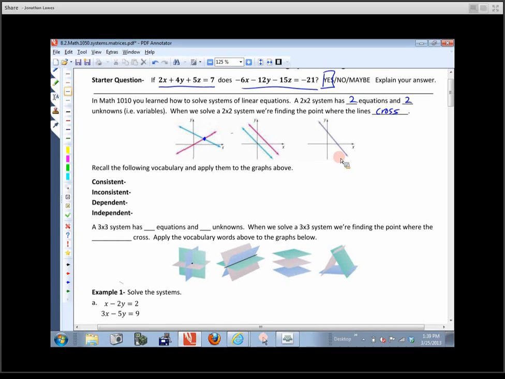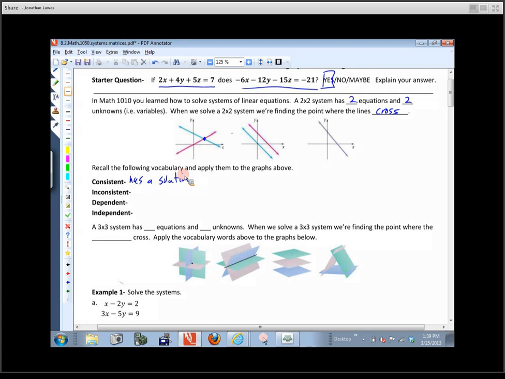Okay, so let's make sure we're clear on the vocabulary. The word is consistent. Does anybody remember what consistent means? And we can be a little bit informal here. What does the word consistent mean when we talk about systems of equations? Okay, let's put it this way. Has a solution. Has at least one solution.